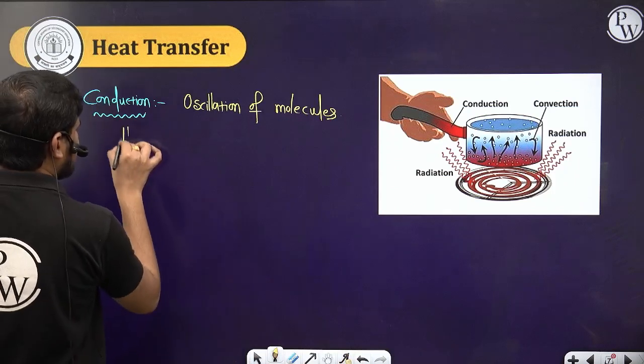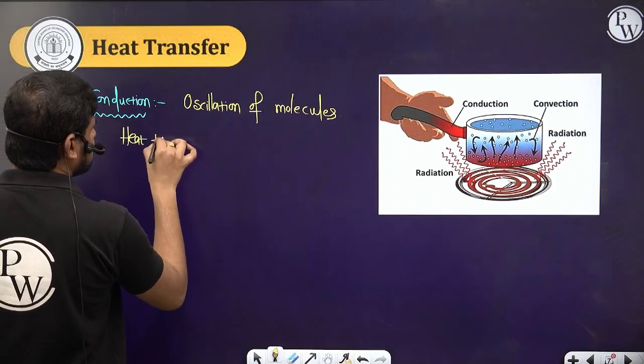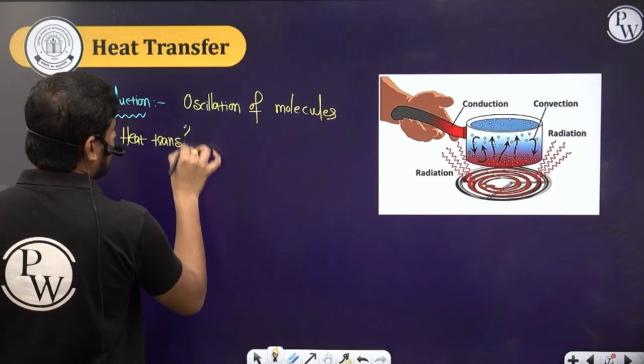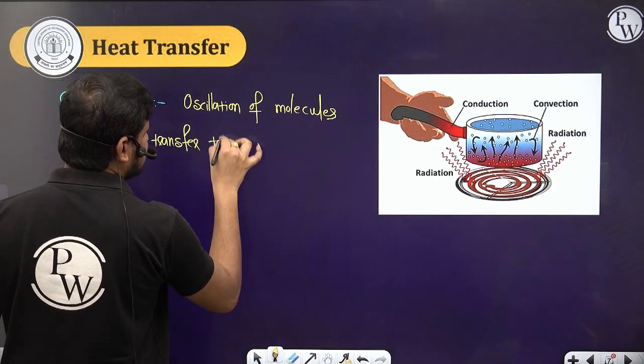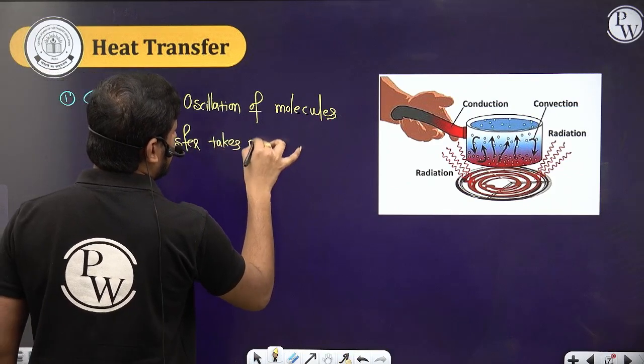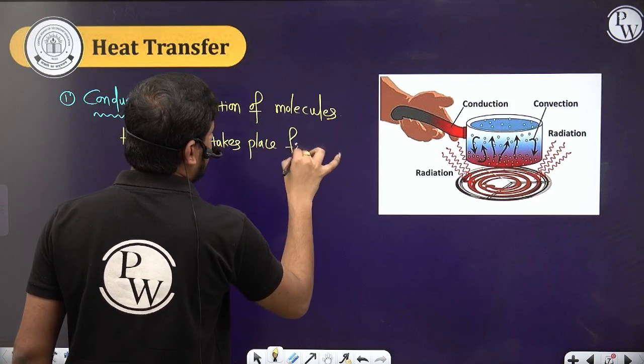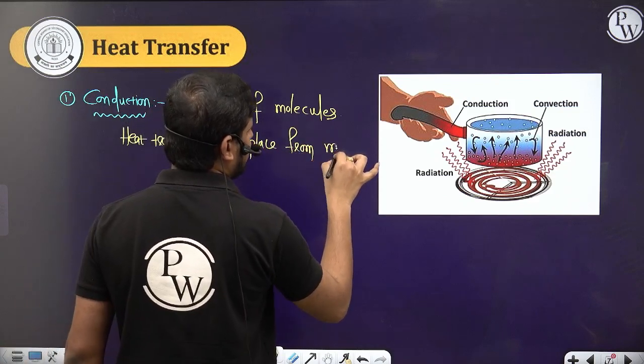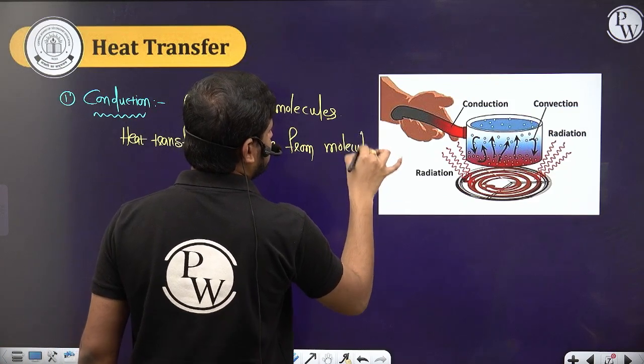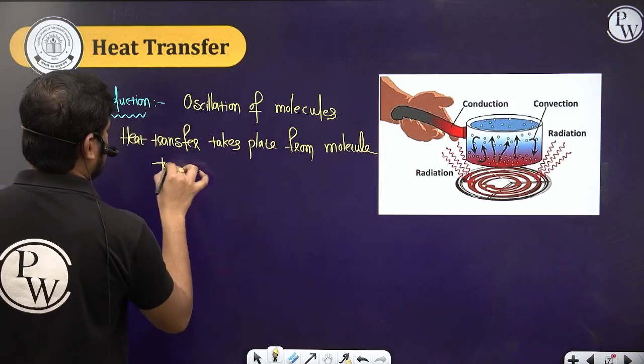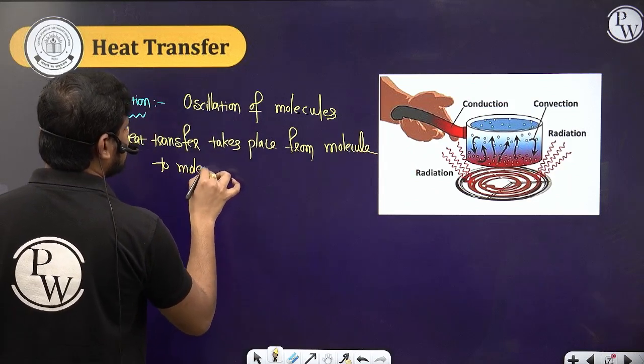Okay, so the heat transfer takes place from molecule to molecule. Right, so this is a direct method.